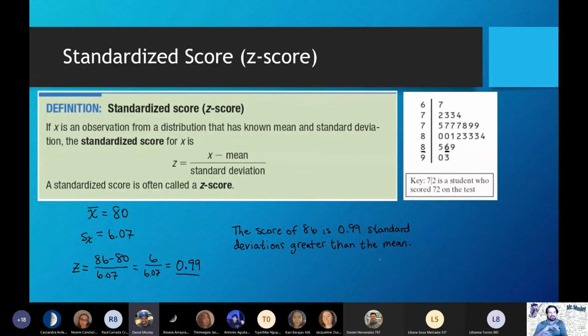The reason we're looking at this is because that z-score can allow us to look at different sets of data that may be scored differently. If I standardize it, I can compare everything that's been standardized by how far away it is from the mean. That's how we can use this in the future, to compare different data sets. There are tests like the SAT and the ACT that are scored on different scales.